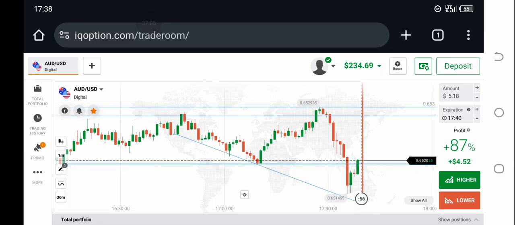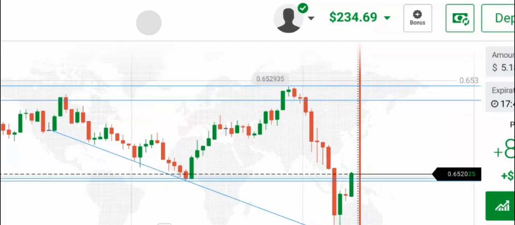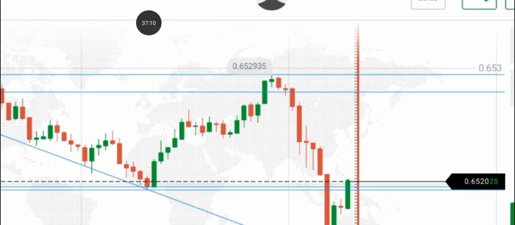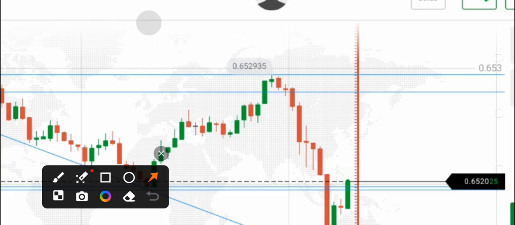So I was looking at this particular level. I was hoping this candle will close below the level, because we already know that it was a previous resistance. After a resistance gets broken, it works as support. Now it got broken again, so it's going to work as resistance.